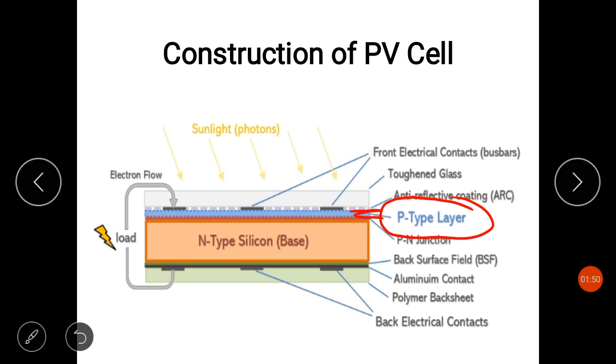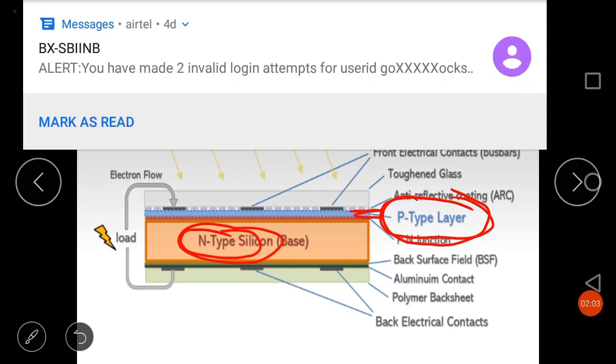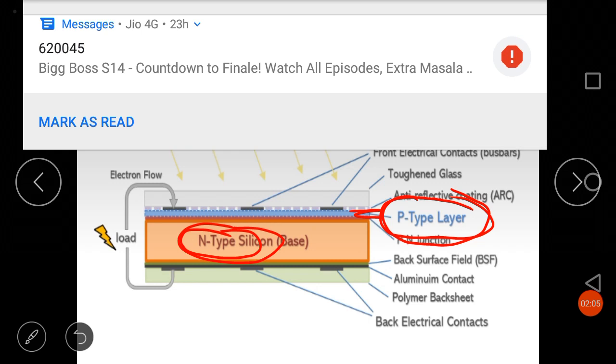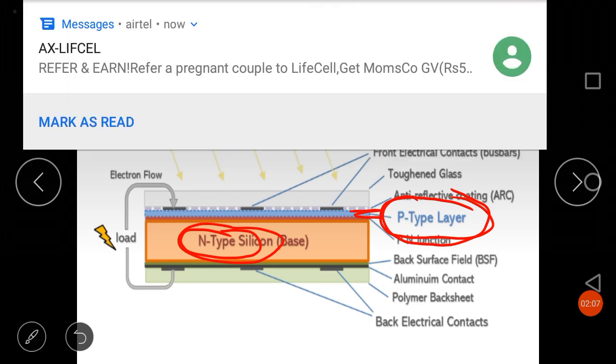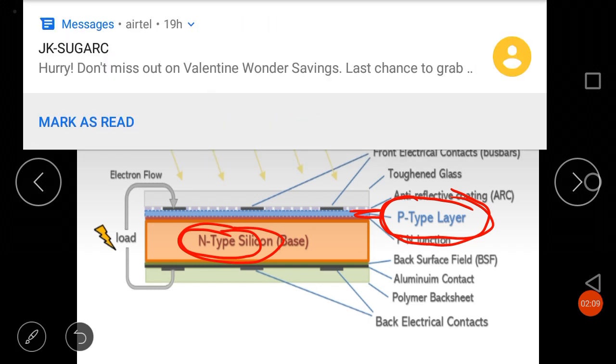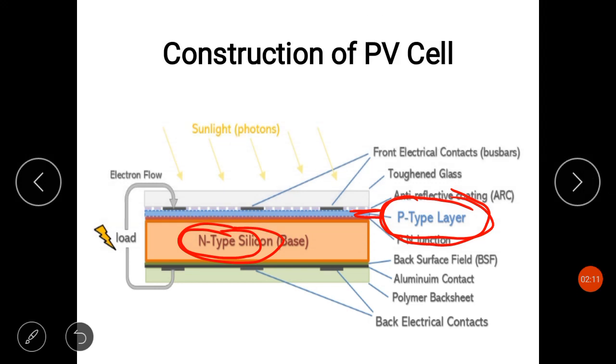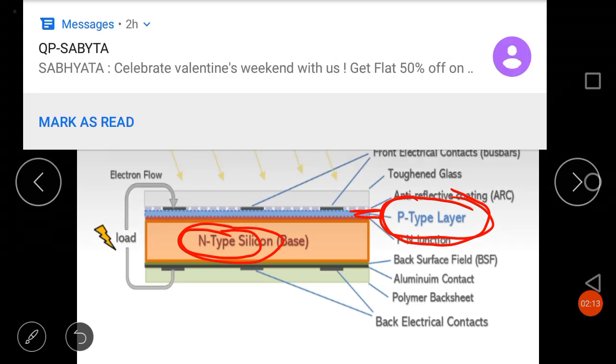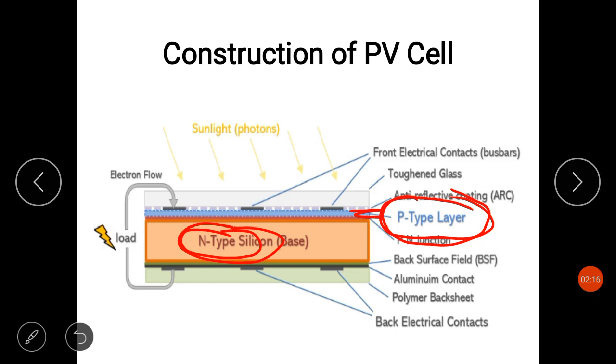The p-type semiconductor layer is thinner as compared to the n-type semiconductor, so that light can easily enter and reach the p-n junction.